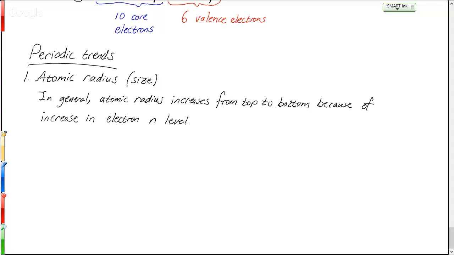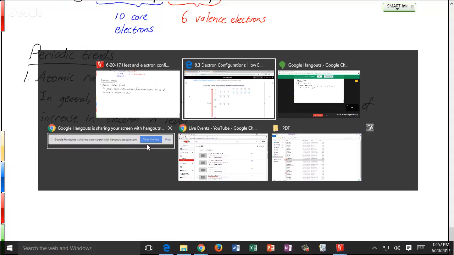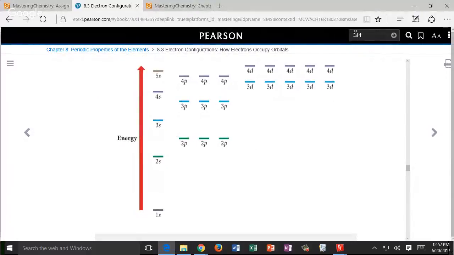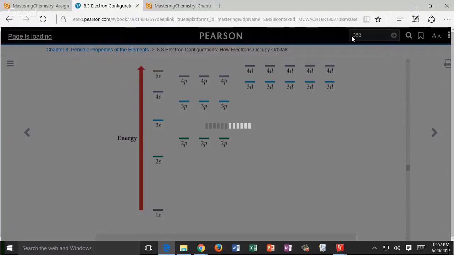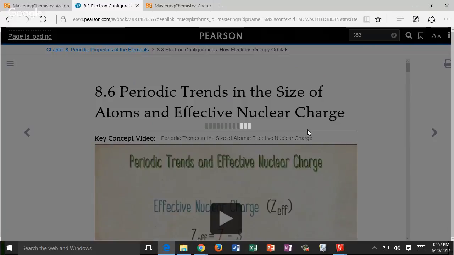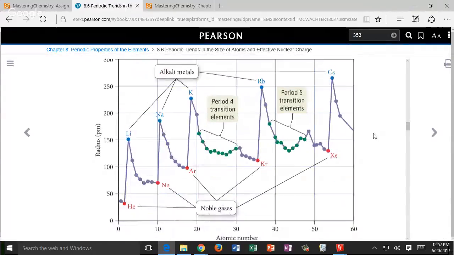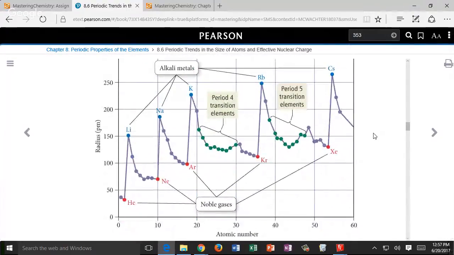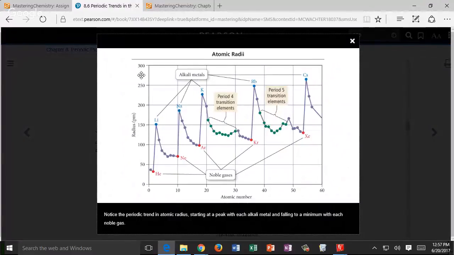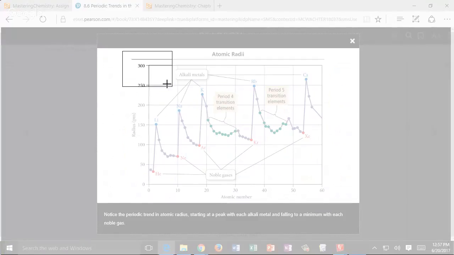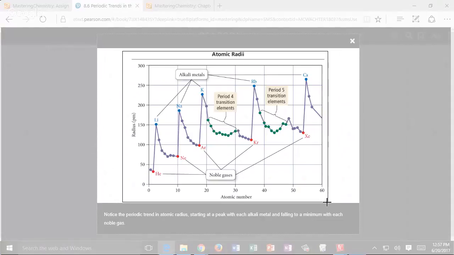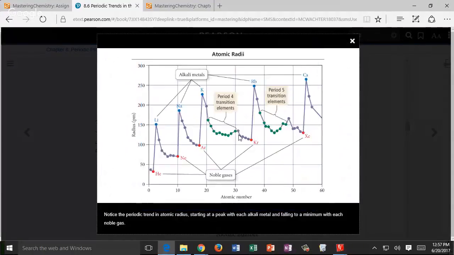Ideas? Let's look at the actual data on this one. It's on page 353 in the book. So here's radius versus atomic number.